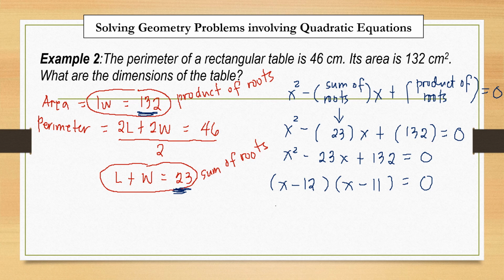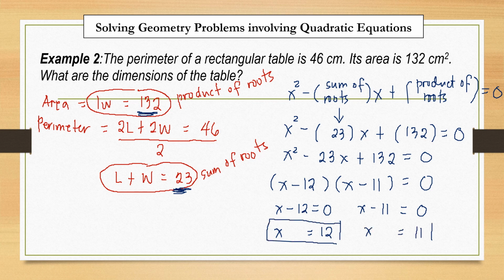Let us first apply the zero product property. x minus 12 is equal to 0, x minus 11 is equal to 0. Solving for x, we have x sub 1 is equal to 12, and x sub 2 is equal to 11.